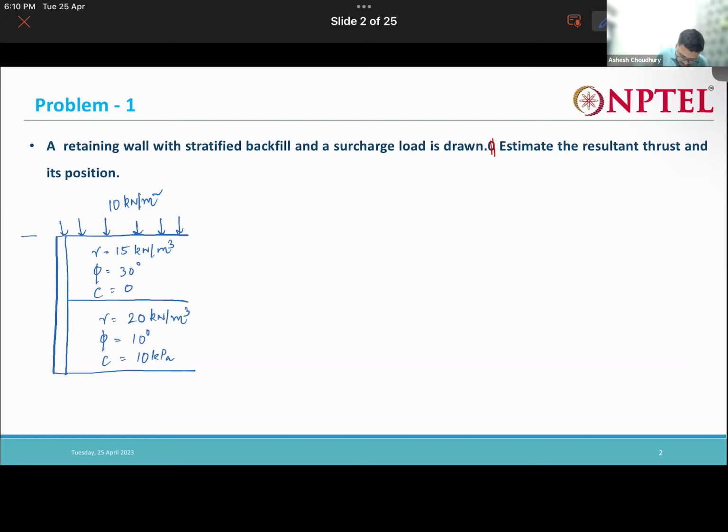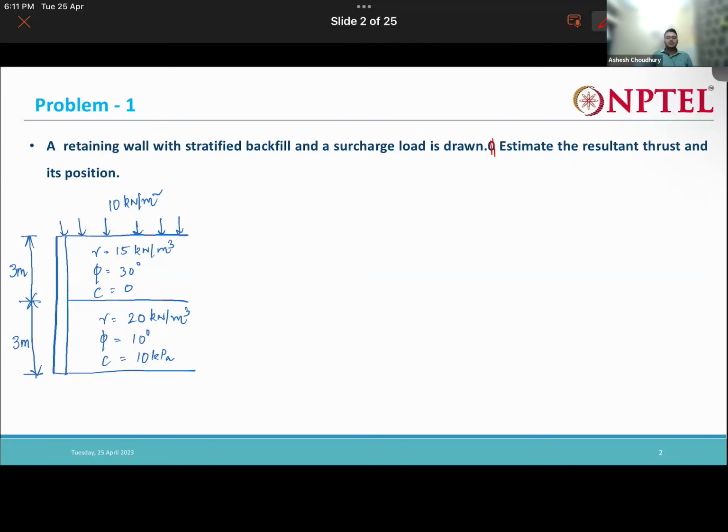Let me mark the heights: this is 3 meters, this is 3 meters.